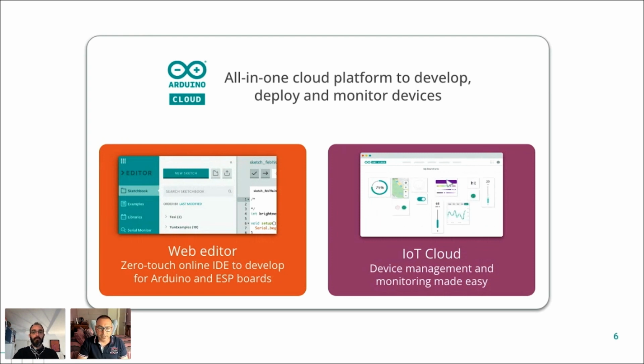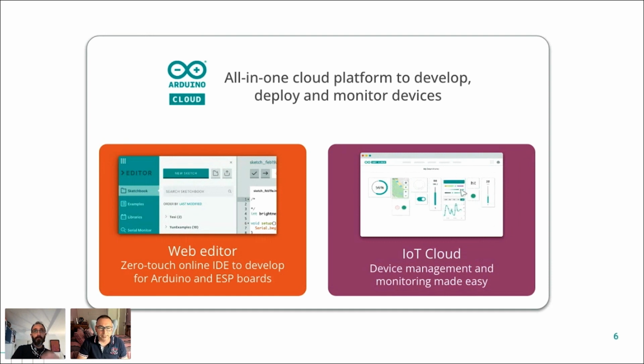It is the easiest way to get started with Arduino programming. It is zero touch, as you don't have to install the application. You don't have to bother with application dependencies and configuration, or even install and manage the libraries. On the other hand, the IoT Cloud is the application that enables you to manage and monitor your devices and their data on the field. That's the one that we are going to focus on mostly today.